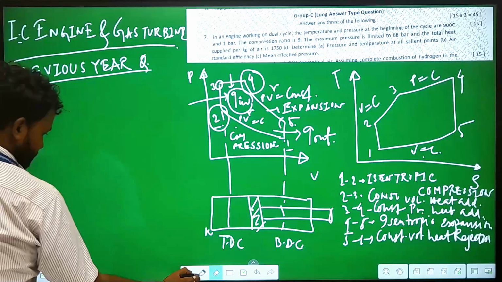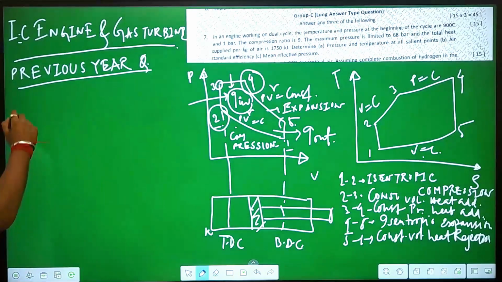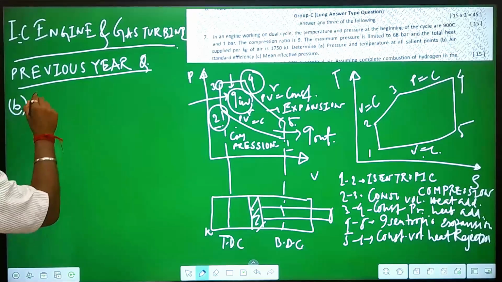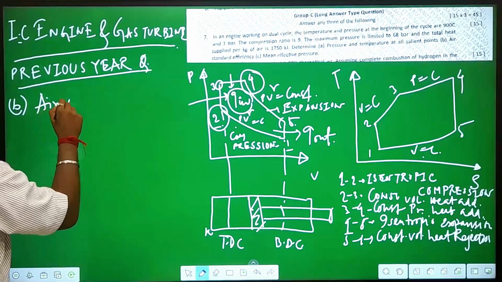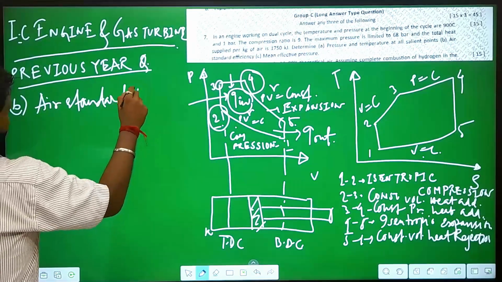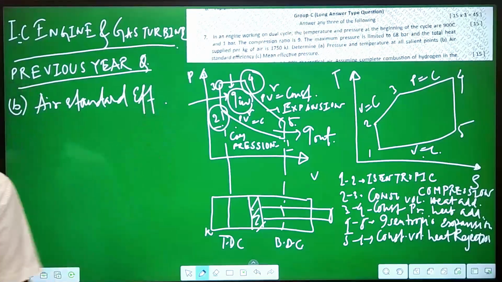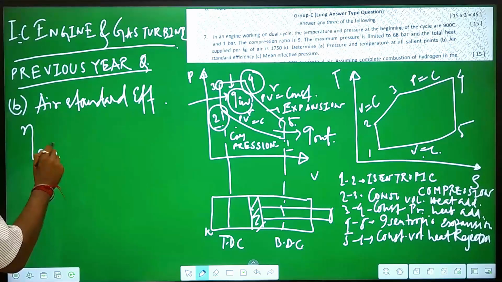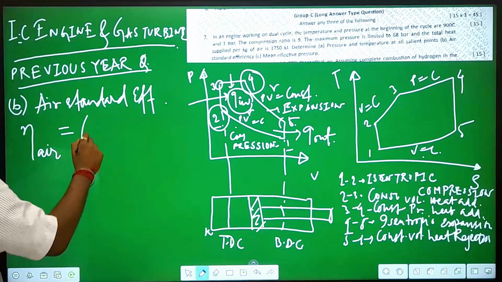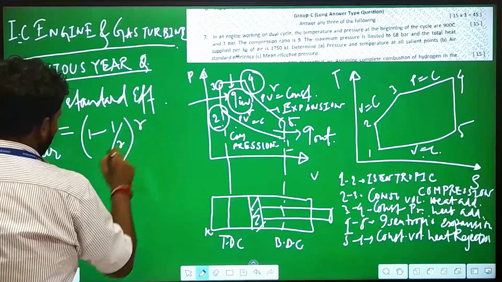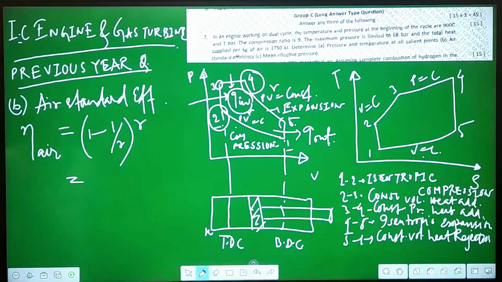After that, the next part we have to find out is B, the air standard efficiency. What is the air standard efficiency? We denote the efficiency as eta air, which is equal to 1 minus 1 by r whole to the power gamma.